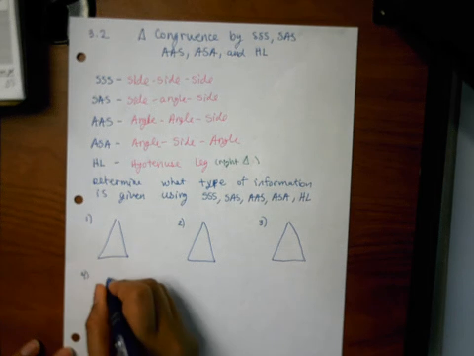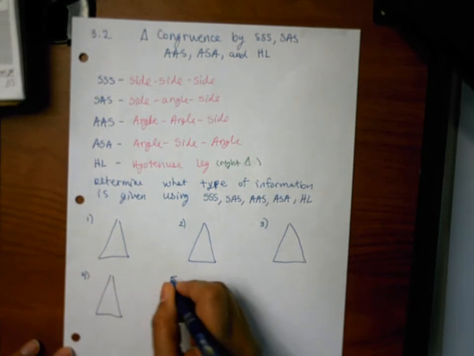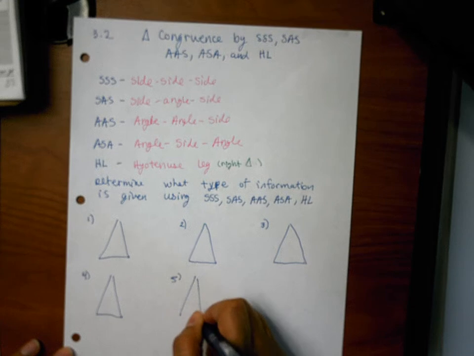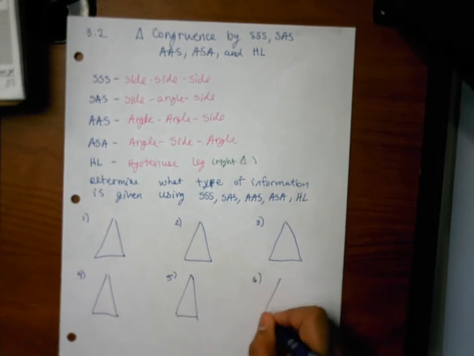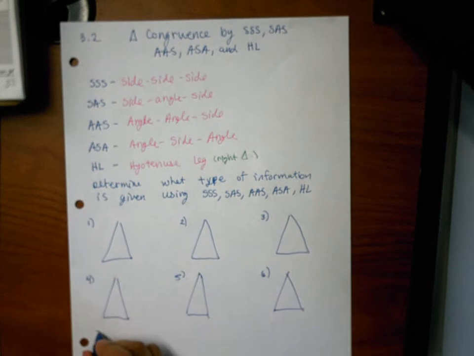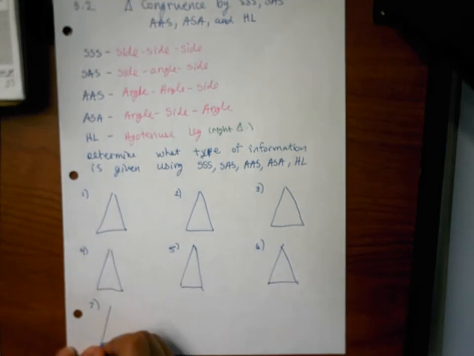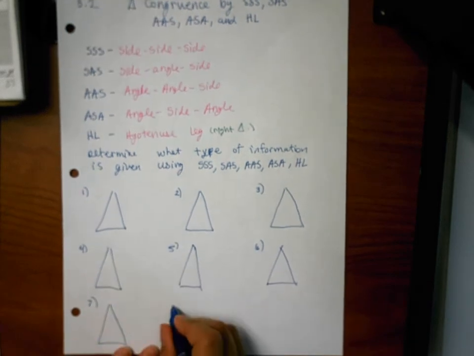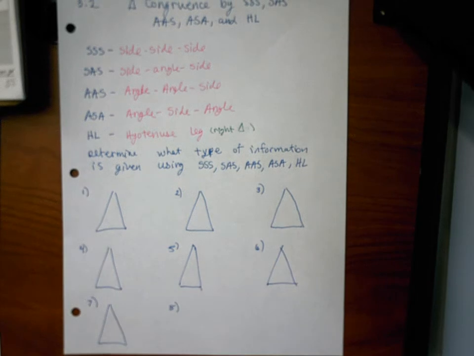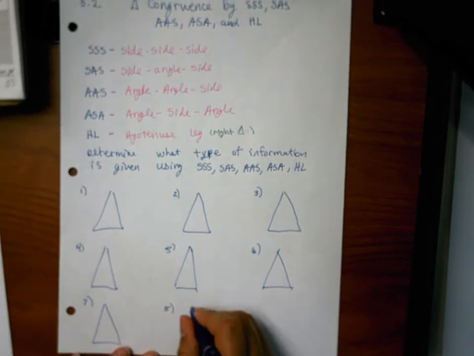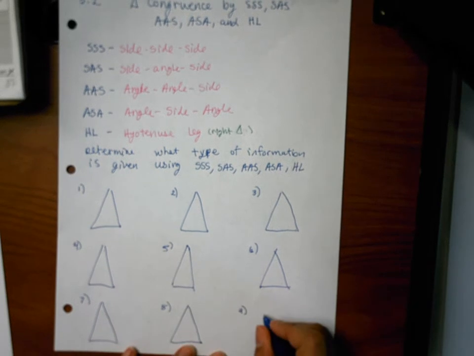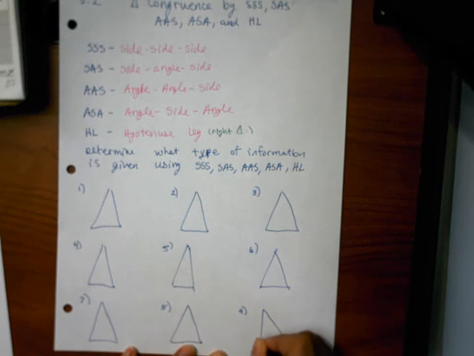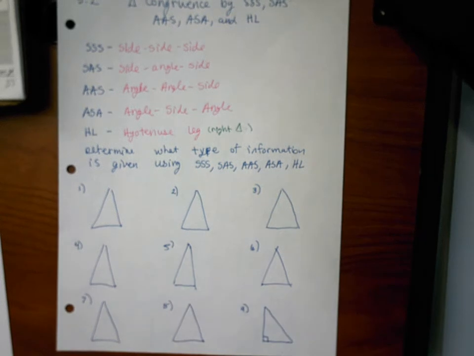Number 4, 5, 6, 7, 8, 9. Nine is the only one that looks different. Just make sure you draw it with the right angle in there.